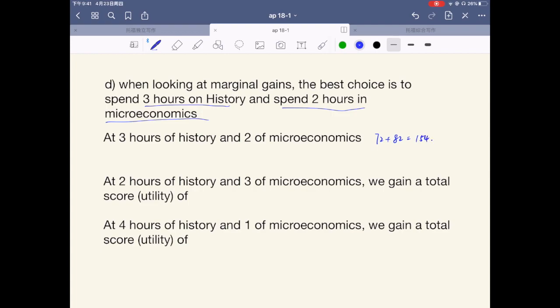And for 2 hours of history and 3 hours of microeconomics, we gain a total score of 60 plus 90 equals 140. And the last, at 4 hours of history and 1 hour of microeconomics, we gain a total score of 77 plus 60 equals 137.